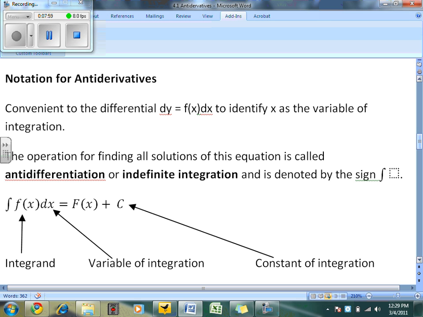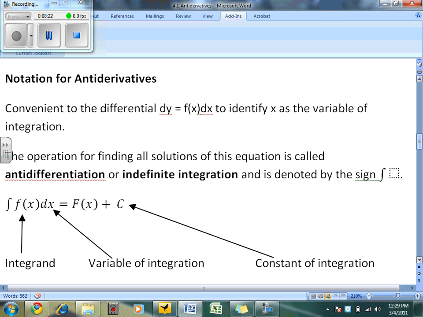In the same way, when we take integrals, we like to put a dx, or whatever we're taking the integral with respect to, so we know what variable we're changing, what powers we're changing on what variable. All right, so the operation for finding all solutions of this equation is called antiderivative differentiation or indefinite integration, and it's denoted by the sign that I've already showed you that looks like a fancy S.